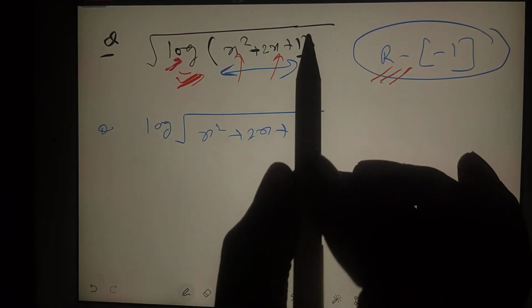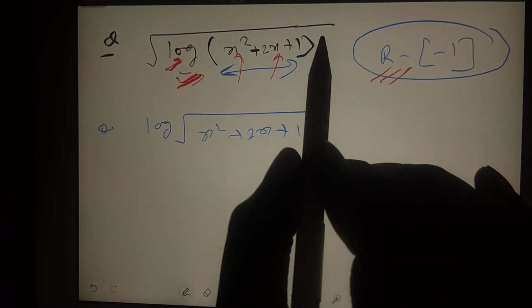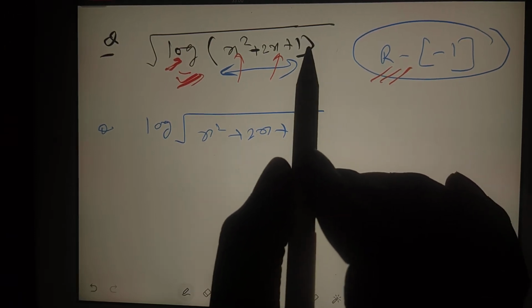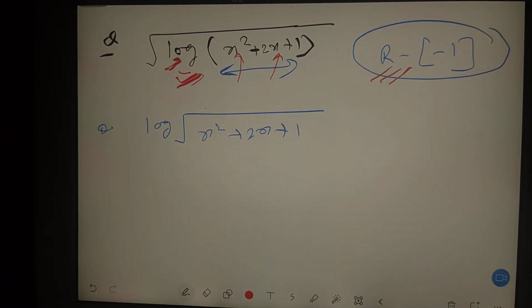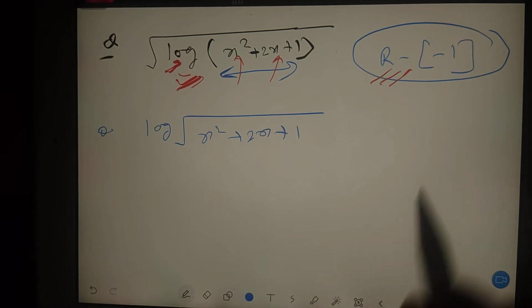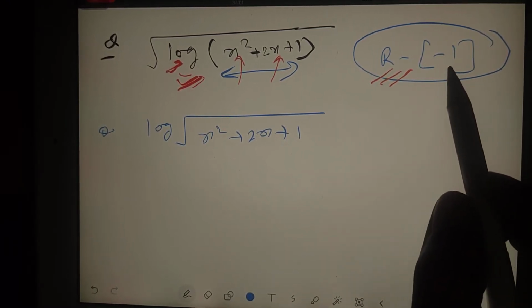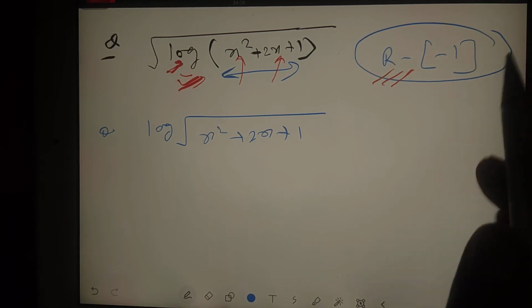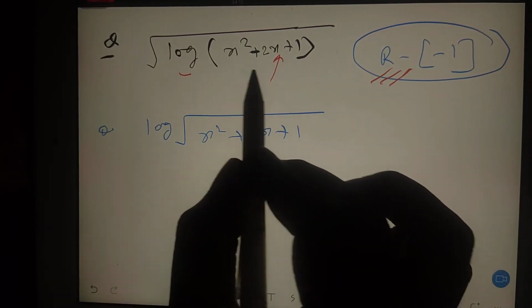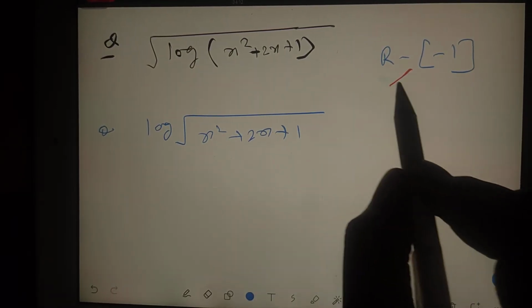You tell me guys, in which case will log give you a negative answer? I have taught you in previous lectures. Tell me. Yes, you're audible. I heard your answer. That is absolutely correct. So see my explanation.